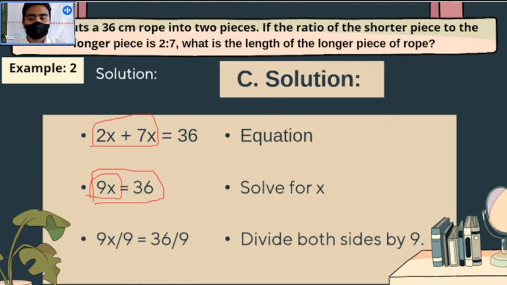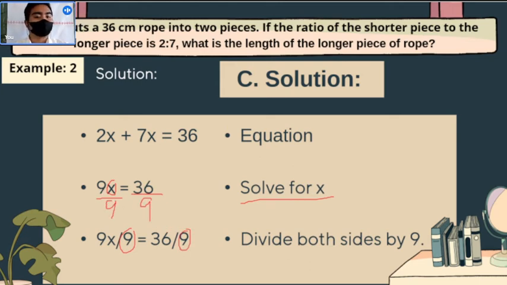Having 9x is equal to 36, what are we going to do? We are going to solve for x. How? We are going to divide both sides by 9. Whatever you do on the left side, you also do on the right side.